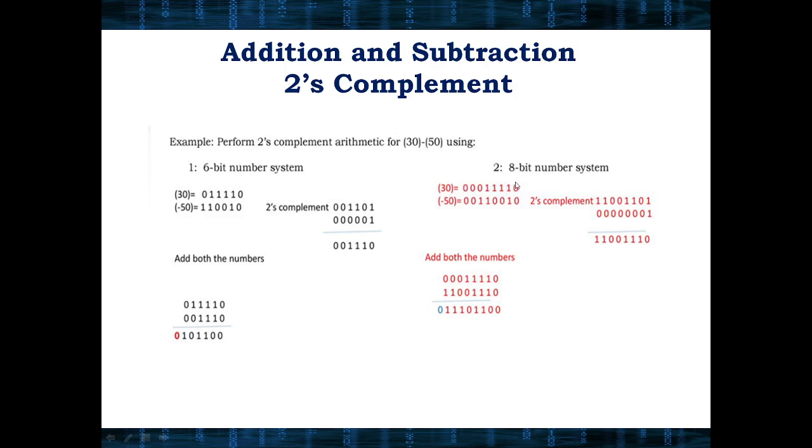So this is 30, and again you take the 2's complement form of 50. Take the 1's complement of this, add 1 to it, and that becomes your 2's complement. Add this to plus 30. This is your answer for 30 minus 50 in 2's complement form.